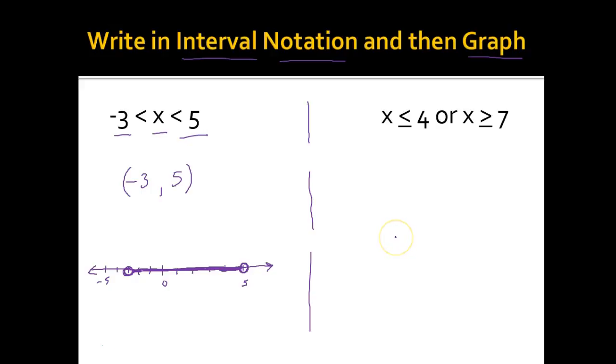All right, let's do the next one. And here, when we talk about interval notation, we've got two sentences instead of one. We have x is less than or equal to 4, or, and that's going to be a key word, x is greater than 7. So in that situation, or, we're going to use this union symbol.